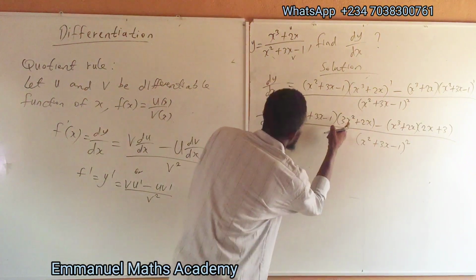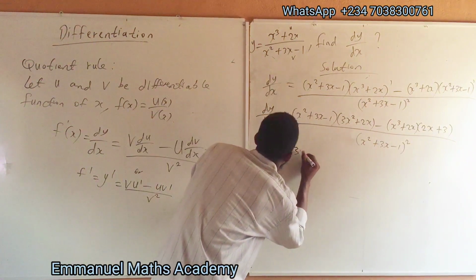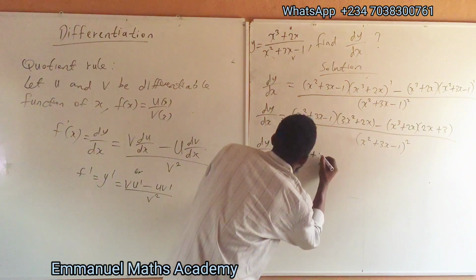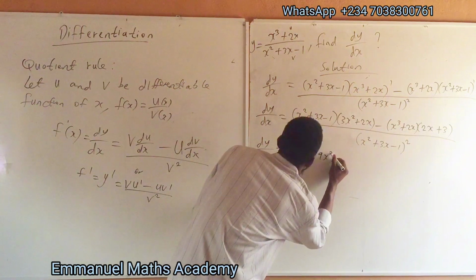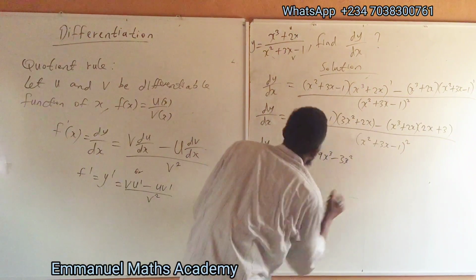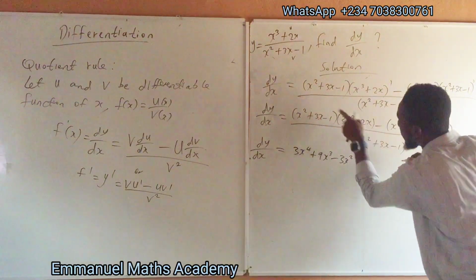If this should multiply this, you have what? 3x^4 plus 9x^3 minus 3x^2. Right? Plus, you now use the second one to multiply this.